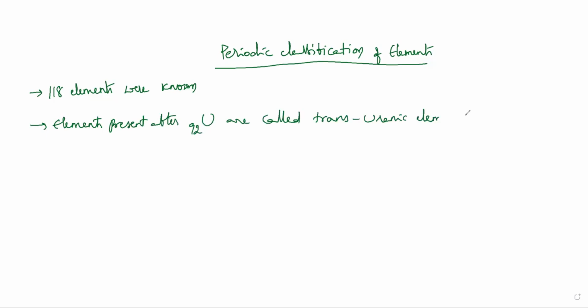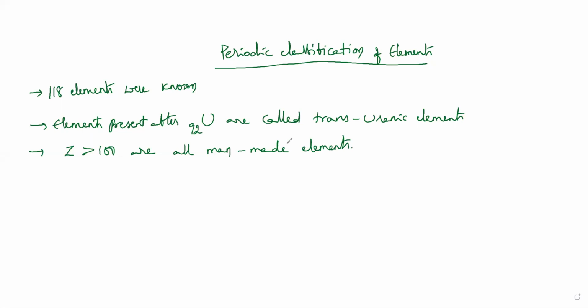What is uranium's atomic number? 92. And elements with atomic number greater than 100 are all man-made elements. So this is the introduction of this chapter.